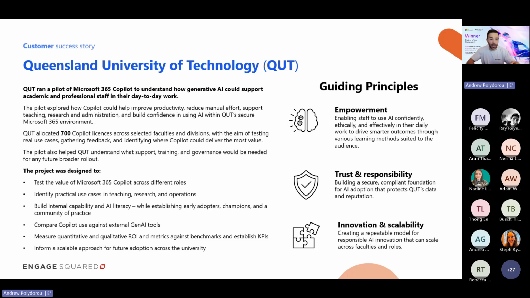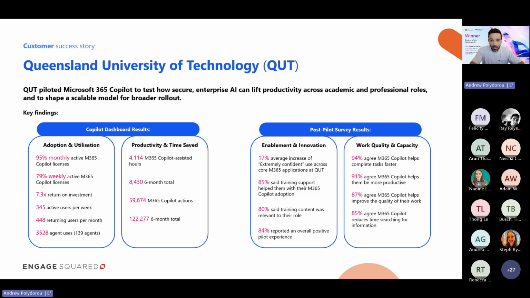So we did 700, then we went to 1,000, then to 2,000 almost immediately, just because the model we built is repeatable and scalable. So this is what we found. In summary, and this is only a 4-week snapshot, by the way, just so you can see a high-level view of how effective it was: 95% monthly active users. That means nearly every single one of the 700 people was using it across the whole month.